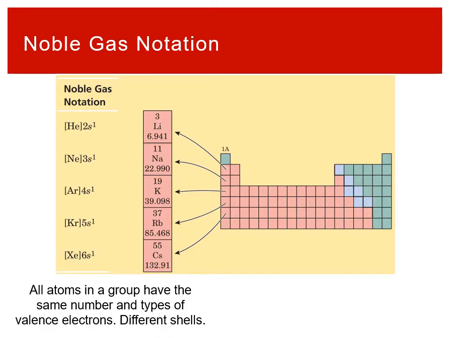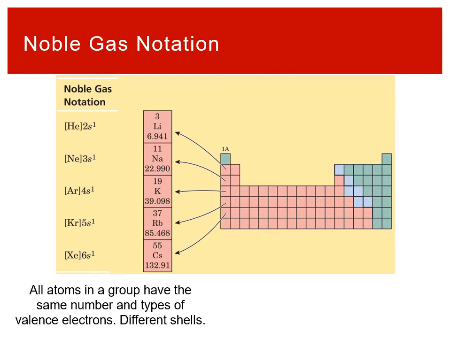One of the things about this noble gas notation is it really emphasizes the fact that atoms in a given column of the periodic table have the same number and type of valence electrons. If we look at, for example, group 1A, they all have 1 valence electron, and all of them are in an s-type subshell. So they would all look the same from the perspective of a different atom.